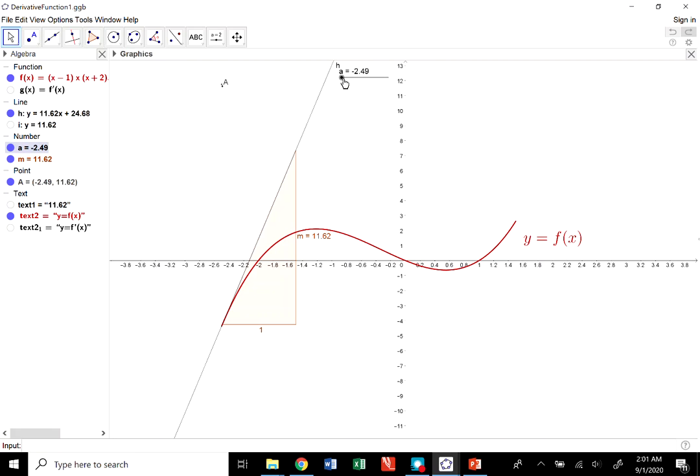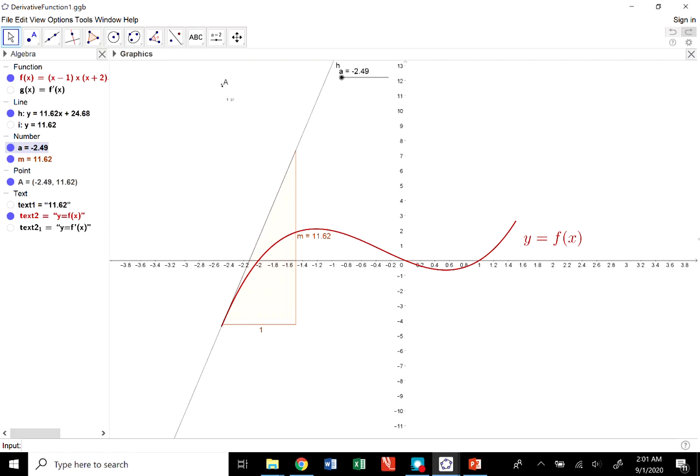When I moved slightly to the right and picked another point on the curve y equals f of x, another way of looking at it is at a different x value, an x value of negative 2.49, when I drew the tangent, the slope of the tangent turned out to be 11.62, right? So I plotted that.